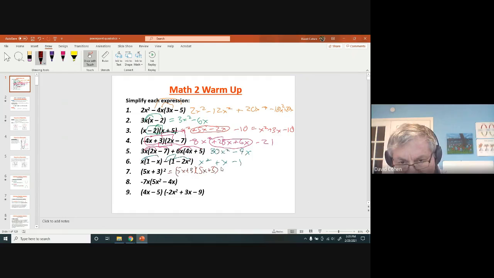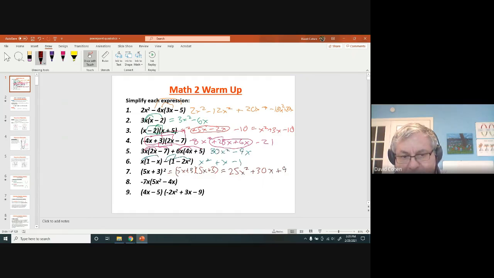I'm not going to show you the middle term. I'm just going to talk through it and then add them together verbally. 5x times 5x is 25x squared. You'll see that the same operation on the outside and inside will give us the same result. 5x times 3 is 15x. 3 times 5x is 15x. We'll make it 30x. And 3 times 3 is 9.